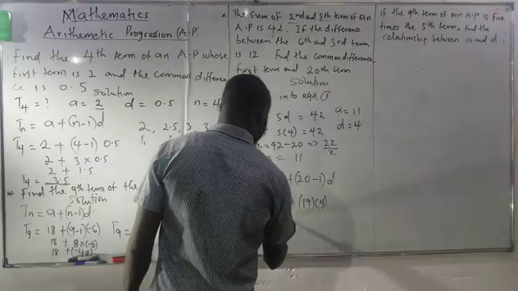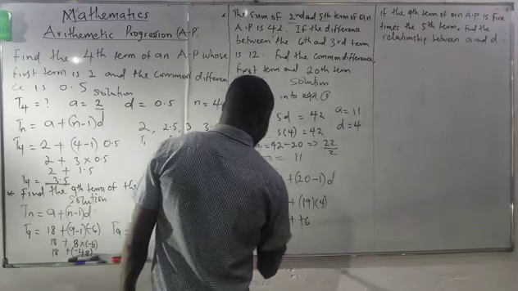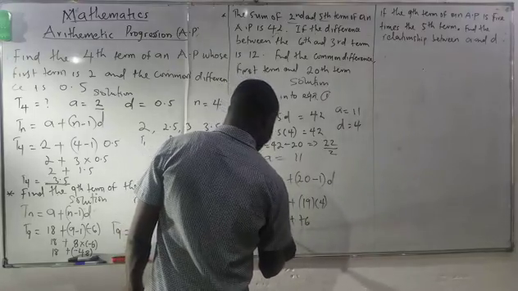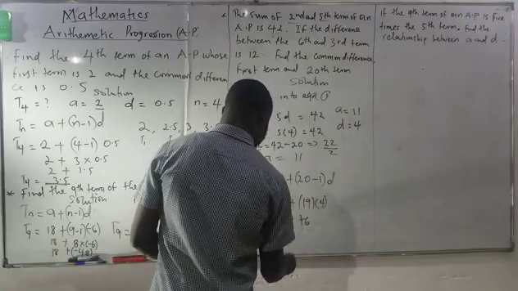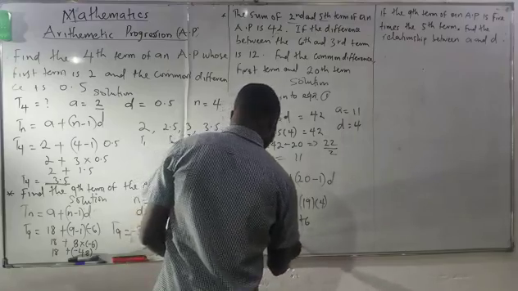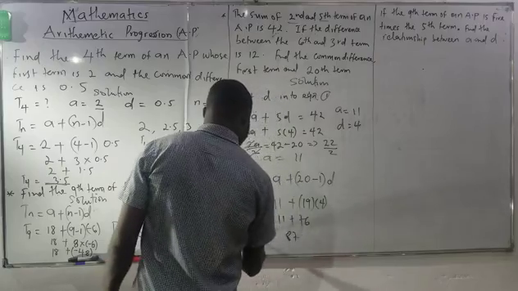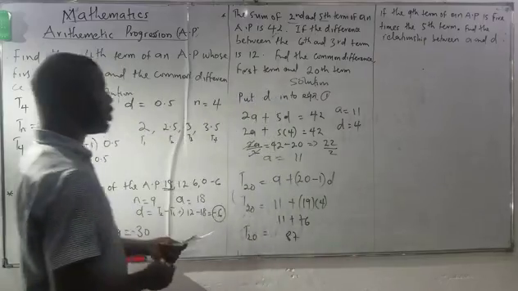Now I'll have 11 plus 76, which is 87. It means my T20 is equal to 87.